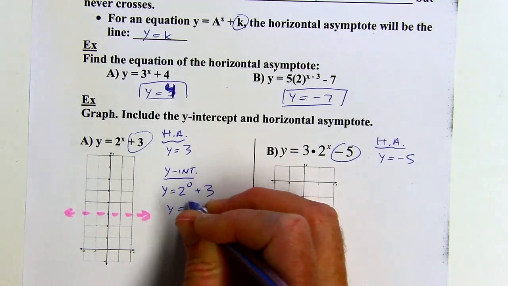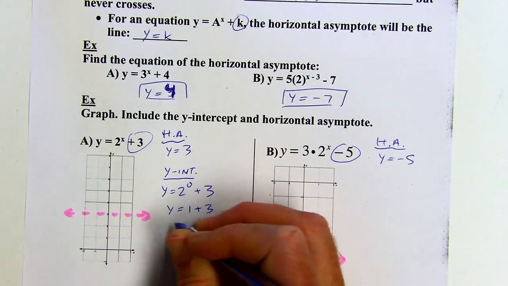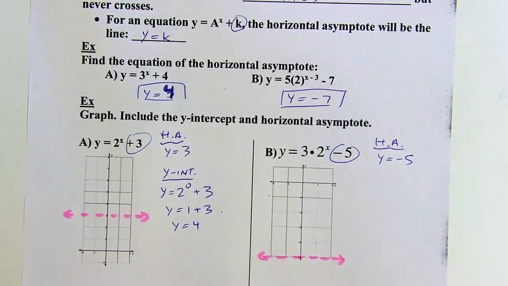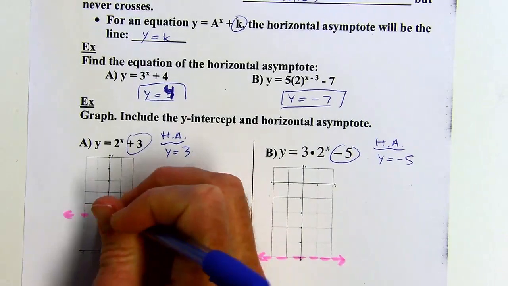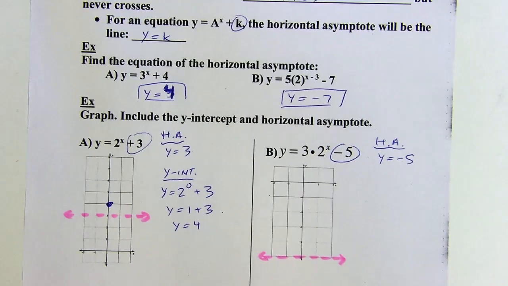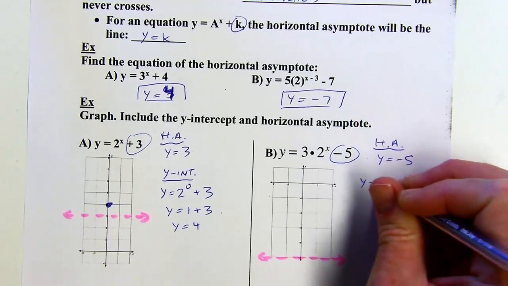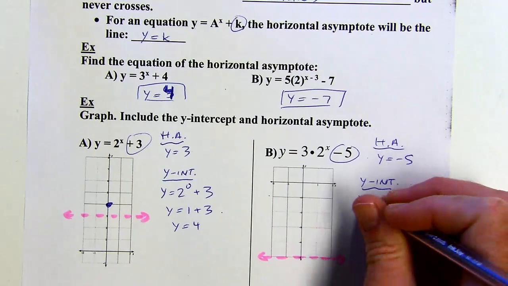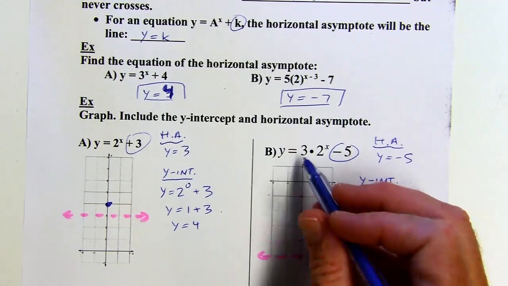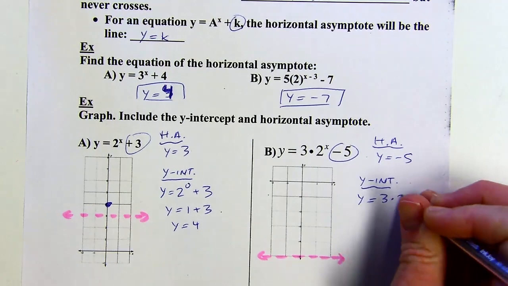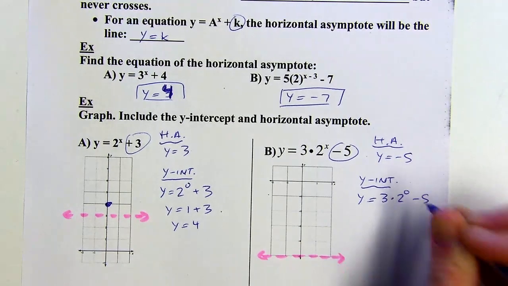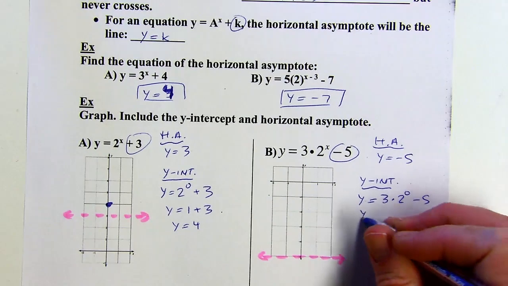Well, 2 to the 0th is 1, but then we're going to add 3 to that. So here my y-intercept is 4. So that's where my curve is going to cross the y-axis. Let's try it over here. So here I've got 3 times 2 to the 0th minus 5. So I'm going to do the exponent first.